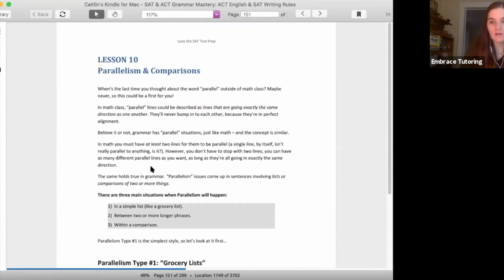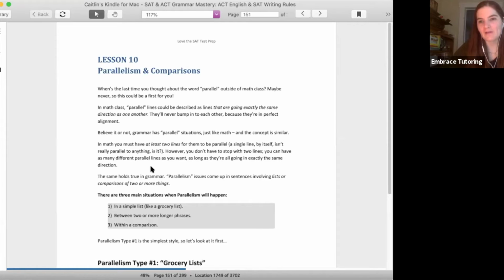So what parallelism is, I mean, you maybe didn't even really know that it's a concept in grammar. You might have heard about it in math, but it's a different concept in grammar. Basically, in math, it applies to lines that are going exactly the same direction as one another.